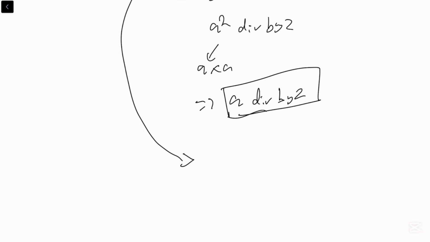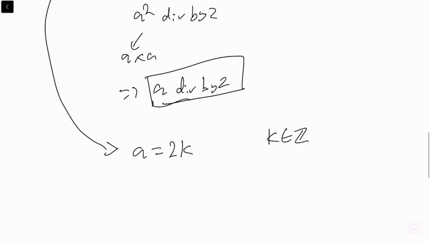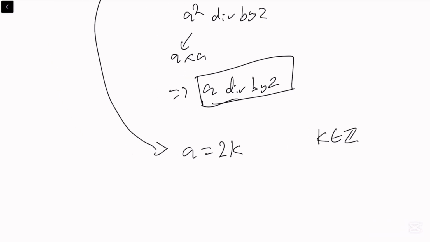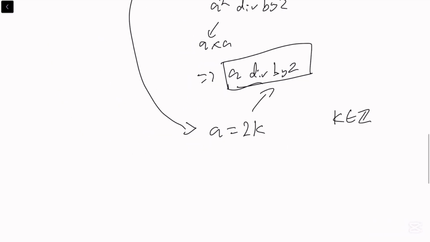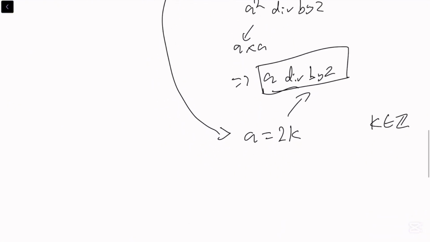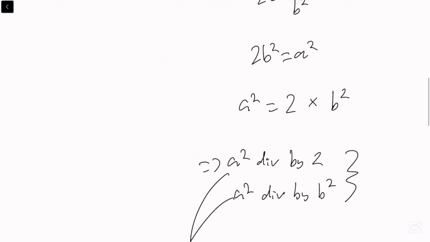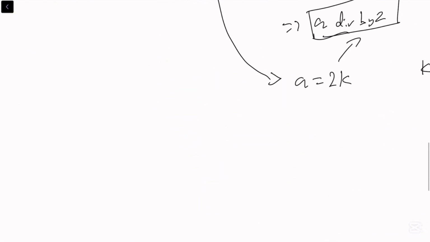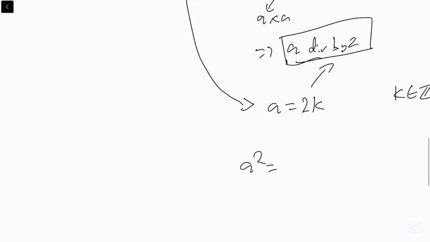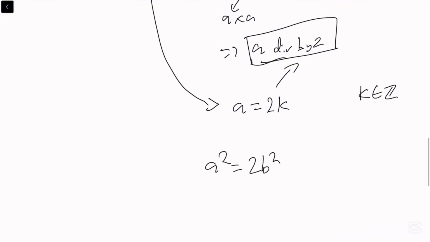Since a is divisible by 2, we can say that a is equal to 2 times some integer k. We know this is true because a is divisible by 2. So we can substitute this into our above equation, a squared is equal to 2b squared.